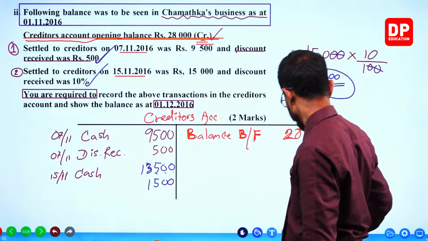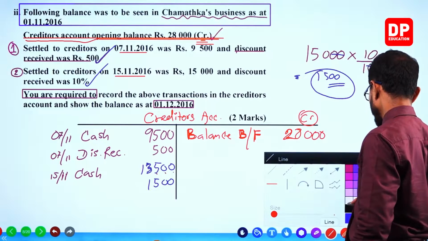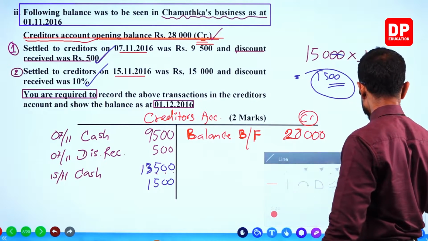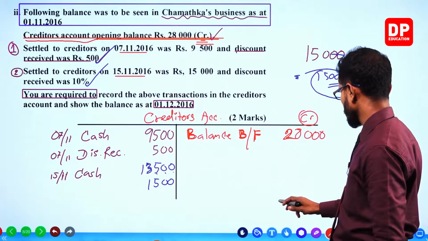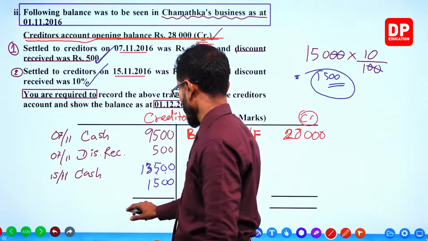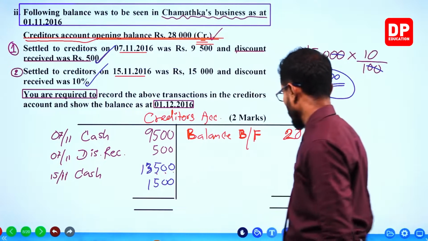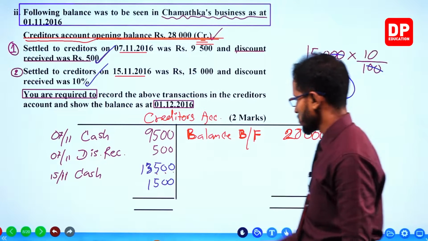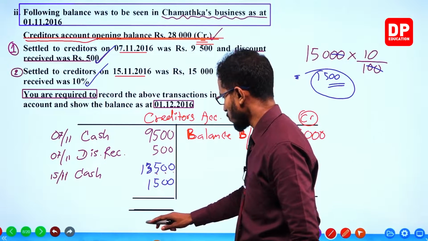Now let's balance. Nothing more to record or to think otherwise. Draw the total boxes. I call them total boxes.